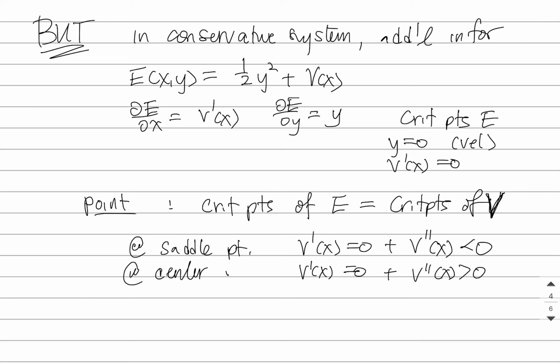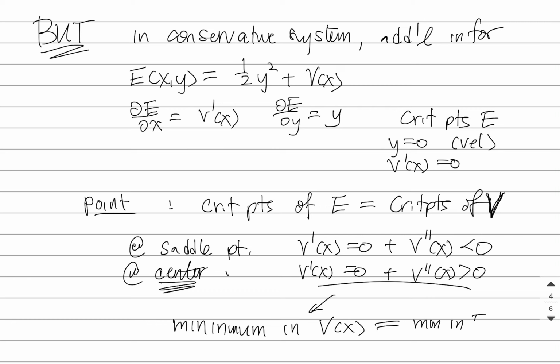Now we are interested in talking about the center here. So what we've got is a minimum in this potential energy, which is the same as a minimum in the total energy function.